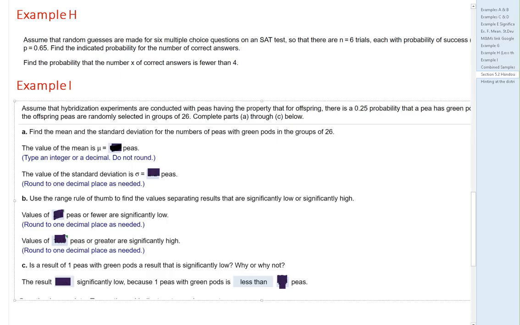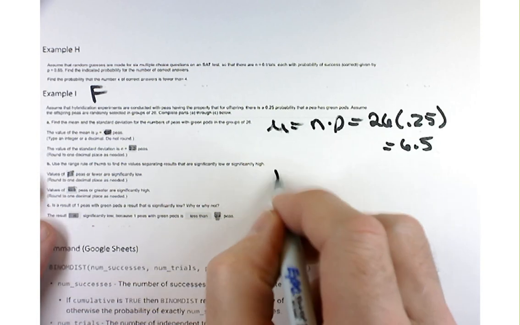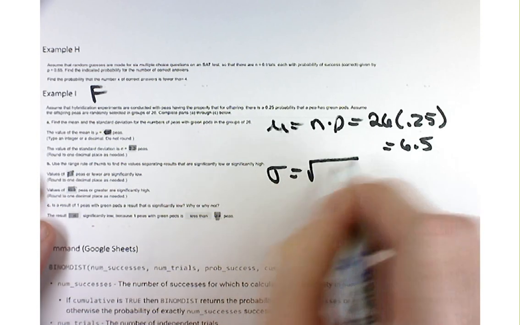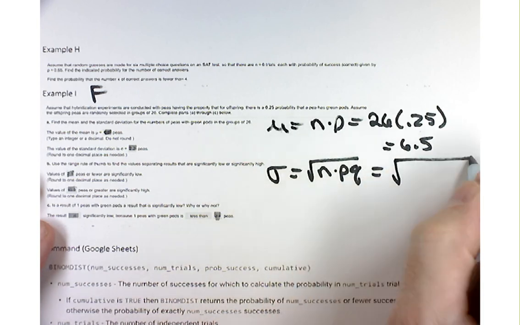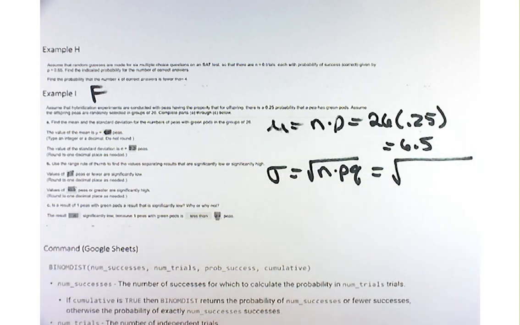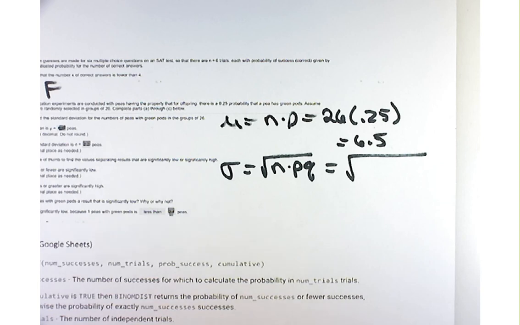How about the standard deviation? Well, standard deviation is going to be the square root of n times p times q. Georges, what numbers should I fill in to do the standard deviation?